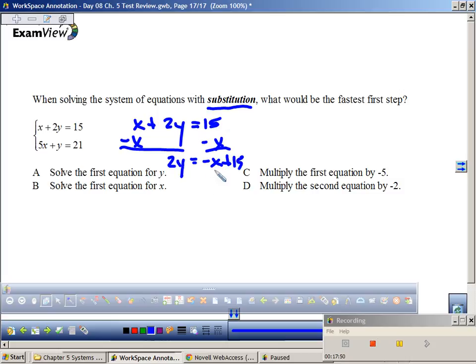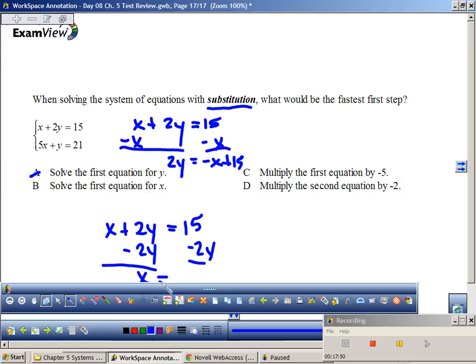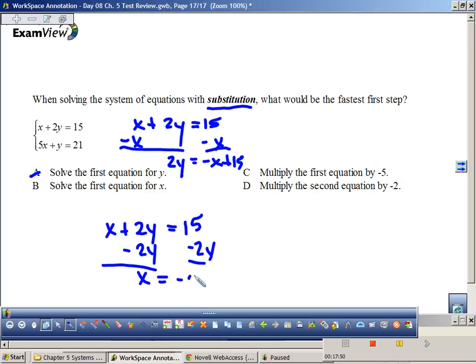This isn't looking like a very short step. Okay, so I don't think A is it. Solve the first equation for x. If I solve the first equation for x, what would I have to do? All I have to do is subtract 2y. And I would get x equals -2y plus 15.